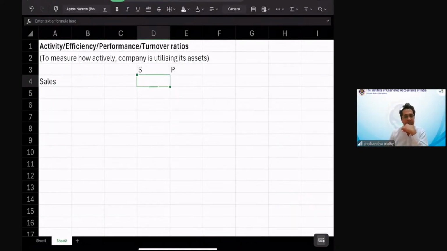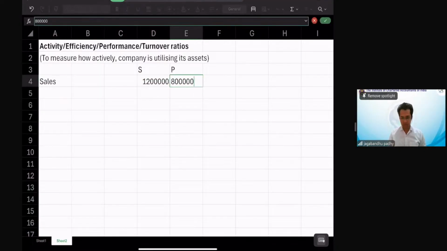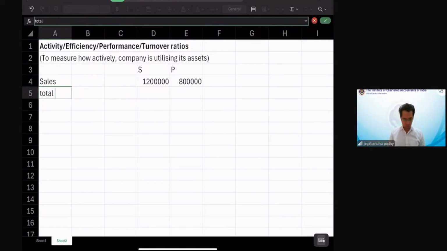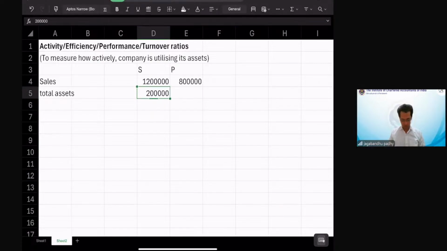Suppose for these two companies, S and P, we have sales. Let's say here it is 12 lakh, here it is 8 lakh. And the total assets the company has is 2 lakh. Total assets is 2 lakh for both companies.